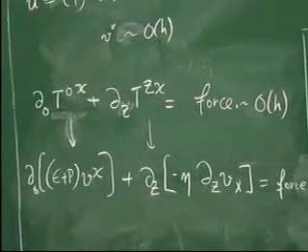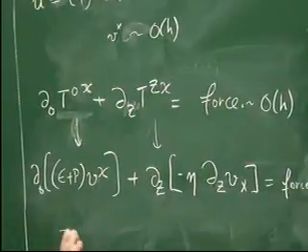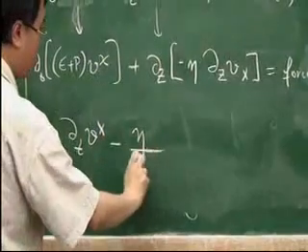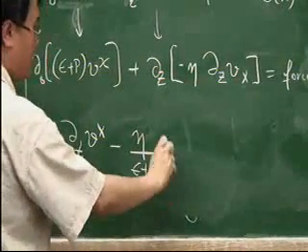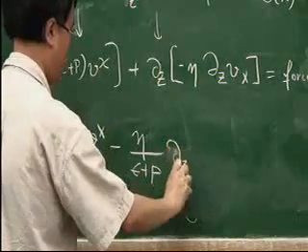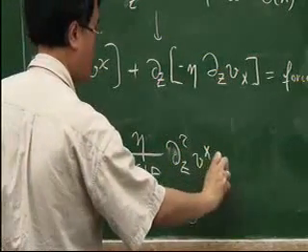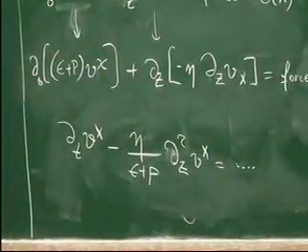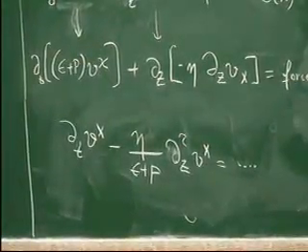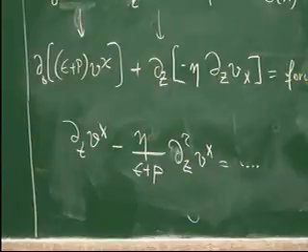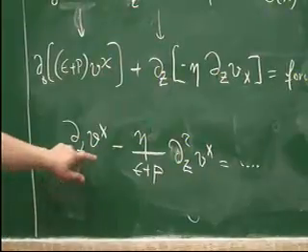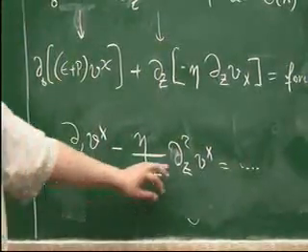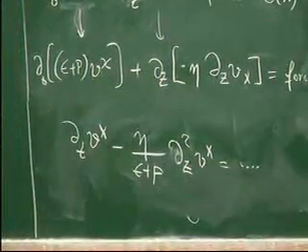On the left-hand side, you can see just the usual heat kernel, where if this was 0, it would be a diffusion equation for Vx.